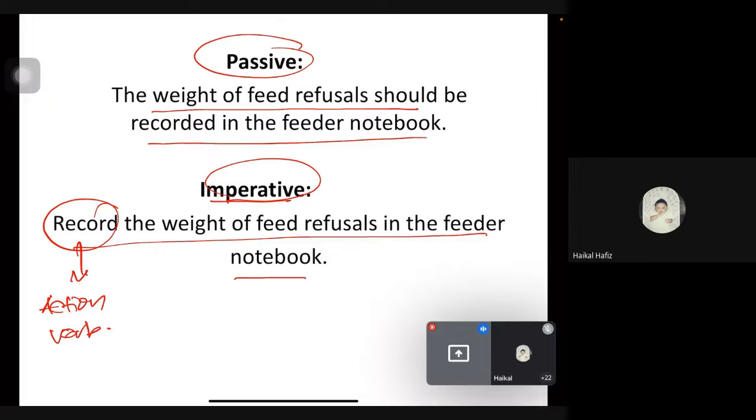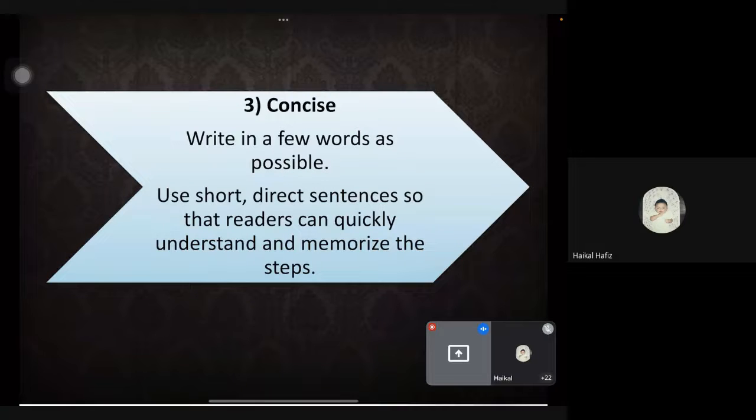Similar to your first assessment, you need to use imperative rather than passive form when you are writing the SOP, because when you use imperative, you are actually giving a command to the people to perform the task.